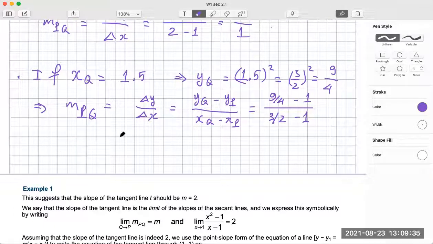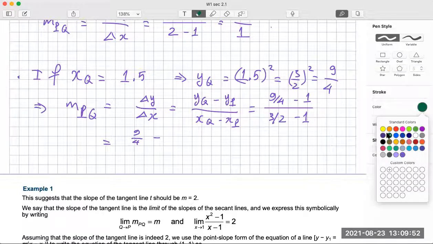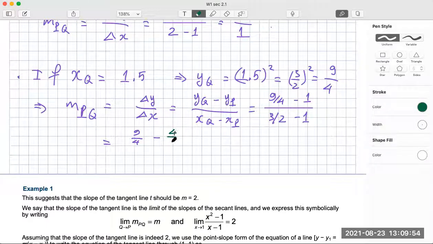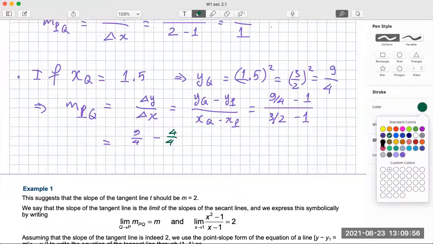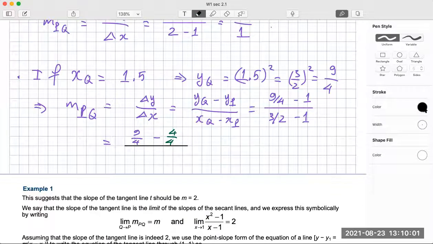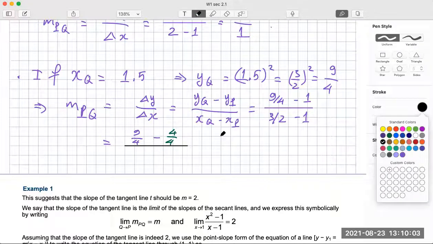Good job. Wow, impressed. So here, 9 over 4. But can you explain how you do it here? Yeah, 1 is 4 over 4, right? This is another way to write 1. And the same thing here.